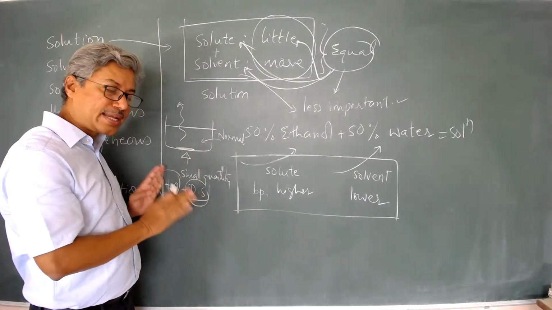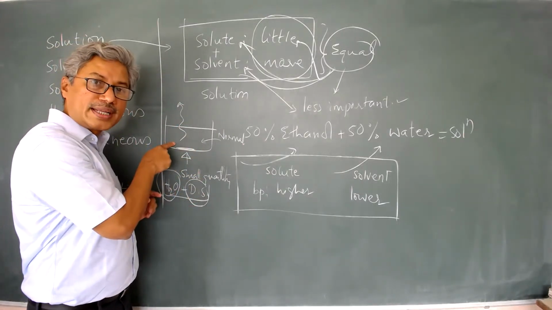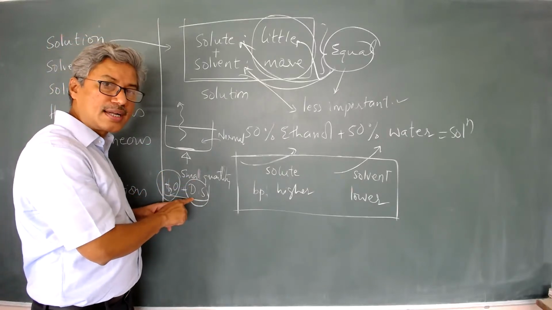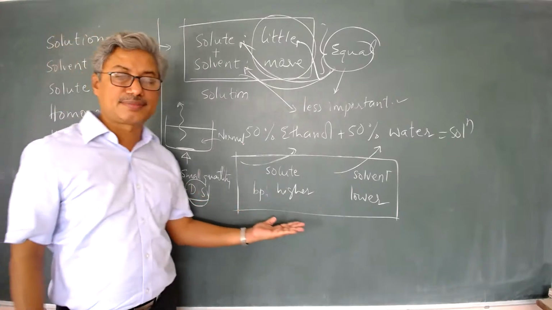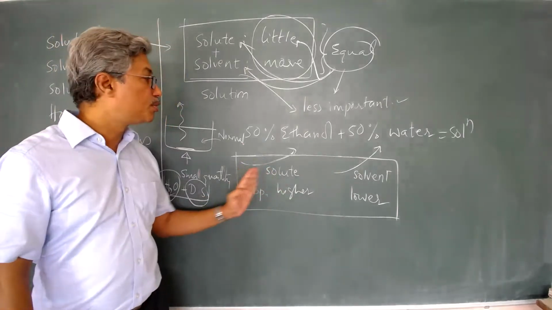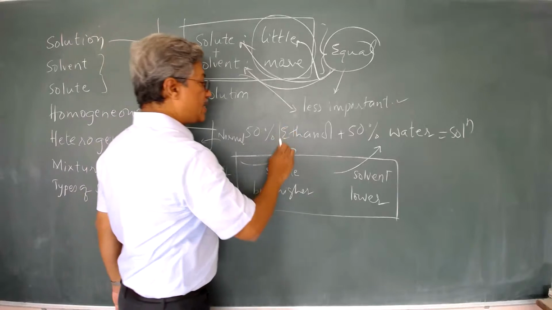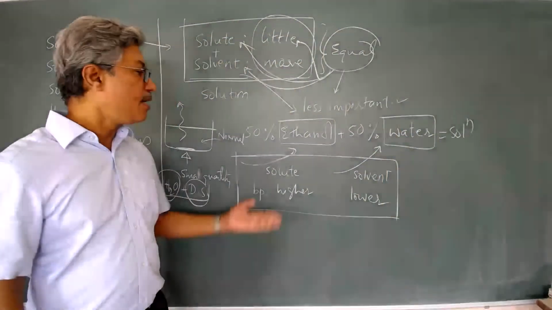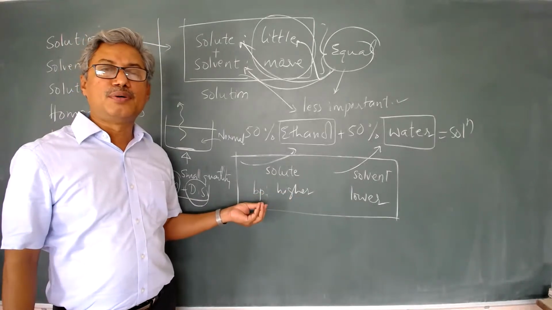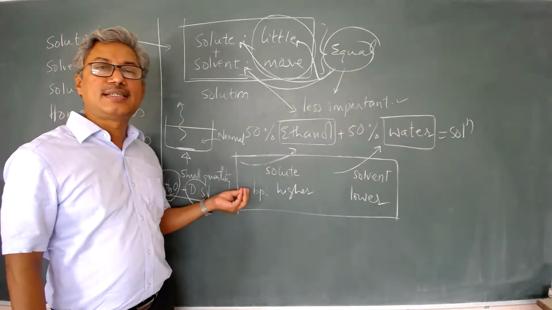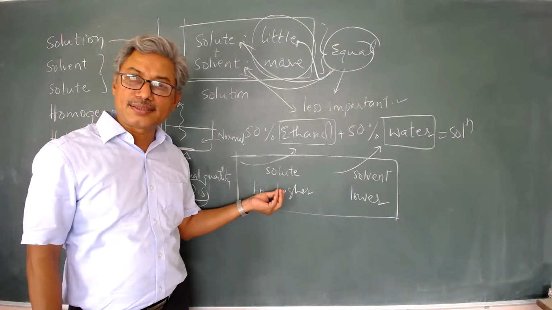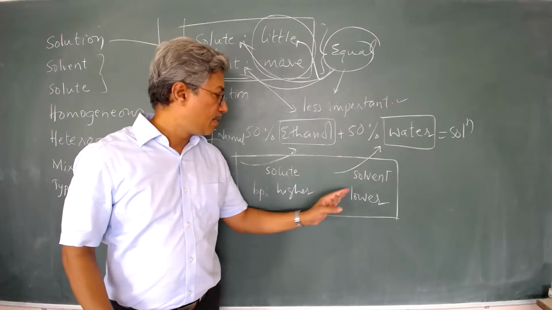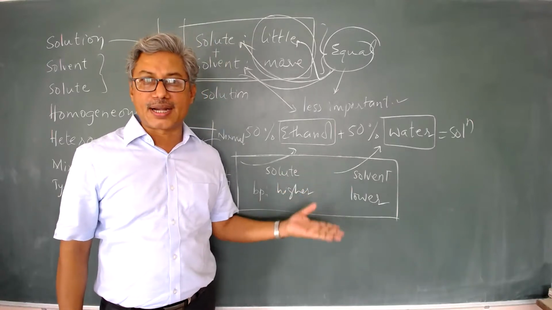This simply indicates that the boiling point of water is lesser than the boiling point of dissolved salt. Therefore, when equal quantities of two substances, say ethanol and water, are taken, the substance whose boiling point is higher should be regarded as solute, and the substance whose boiling point is lower should be regarded as solvent.